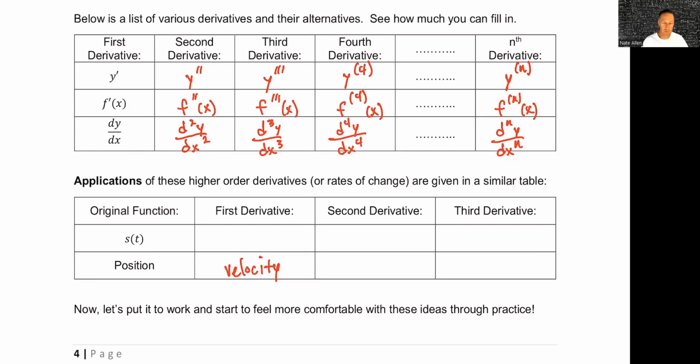And therefore, the first derivative, s prime of t, is equal to v of t, the velocity at some instant, some time. Well, then what if we found the rate of change of our velocity? Can you come up with what the second derivative would find for us? What if our velocity was changing? What would that mean is happening?